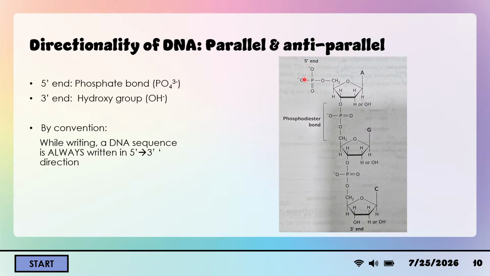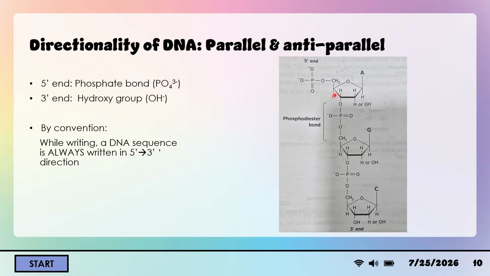Whenever H is present here, it means that when the molecule is present in a solution, which is the typical component of the cell, it is always going to release this H. Any biomolecule that releases H plus ions in the solution, which means the solution will have an excess of H plus ion concentration, will be termed acidic, which is why we say that the DNA is acidic in nature.